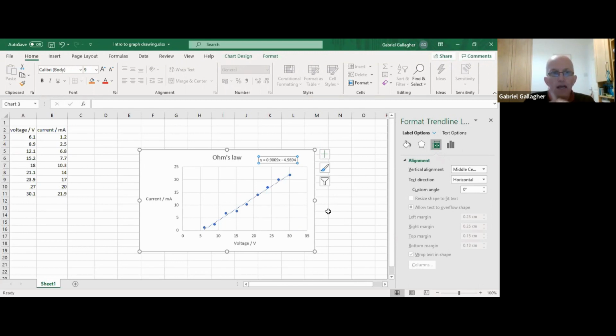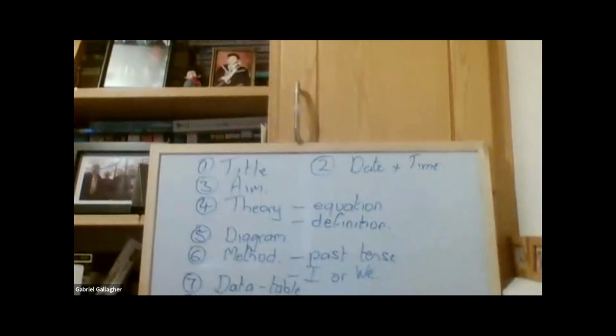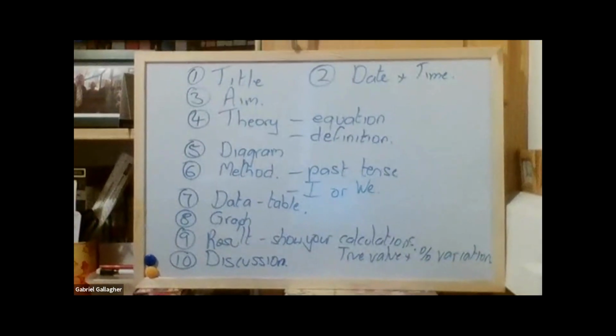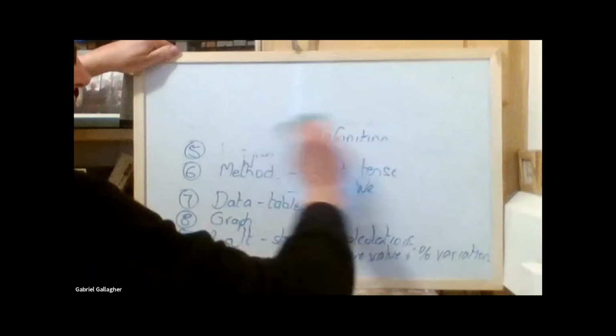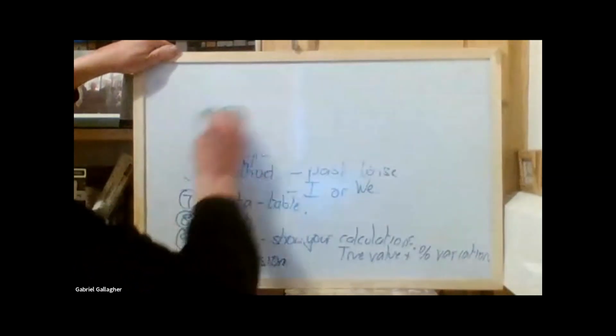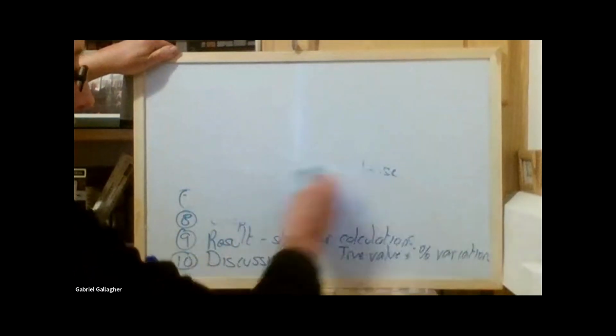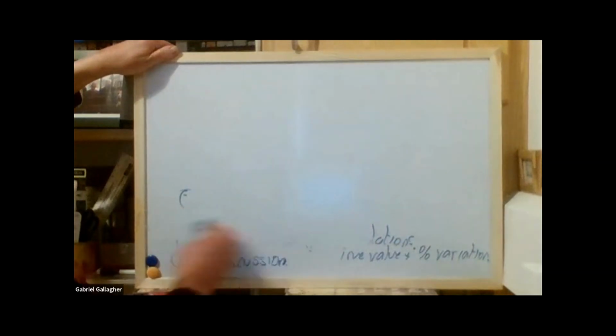Okay, so why did I need the equation? What was the point of all that? I'll just stop screen share for a moment and talk you through that. So we're going to go back to my lovely whiteboard here. And remember, we want an answer out of this experiment, a result.